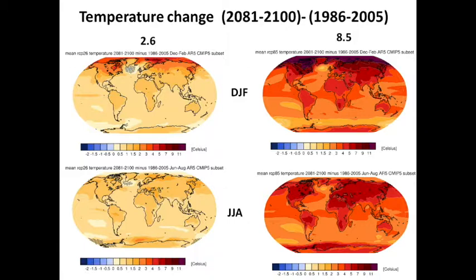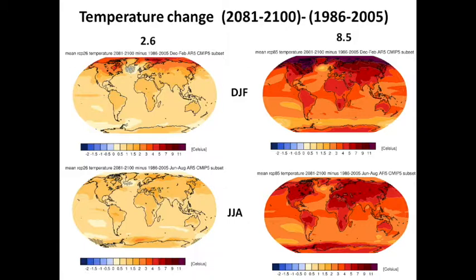And here, global, this is the temperature change for all the CMIP5 models. And the period is this one, 2081 to 2100, compared to 1986 to 2005.